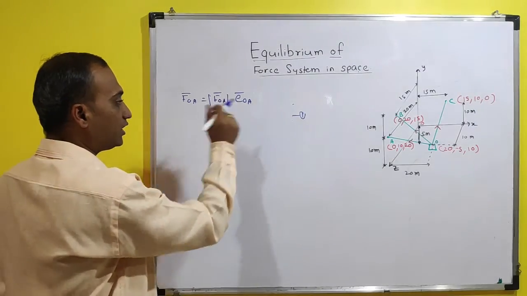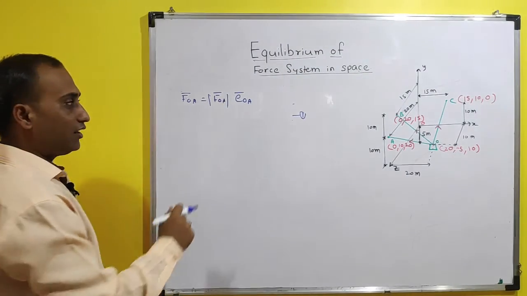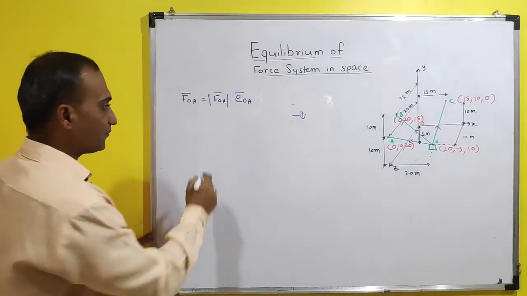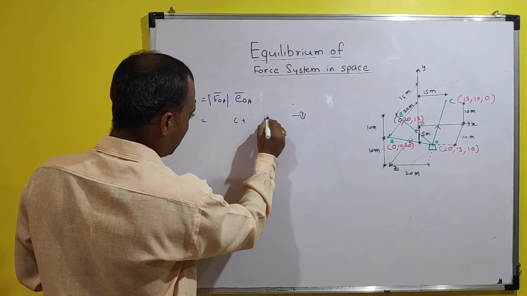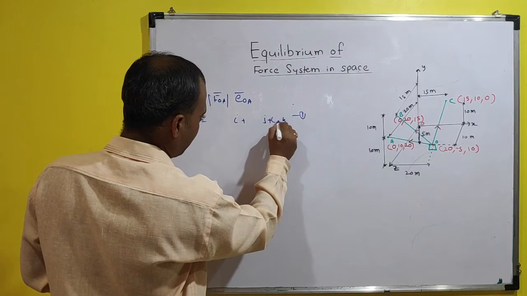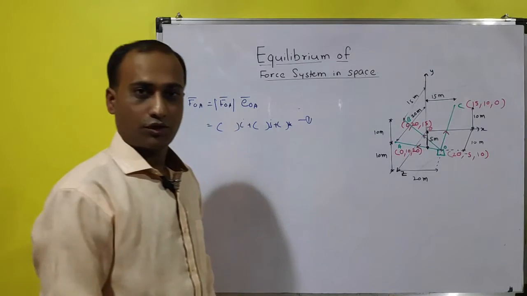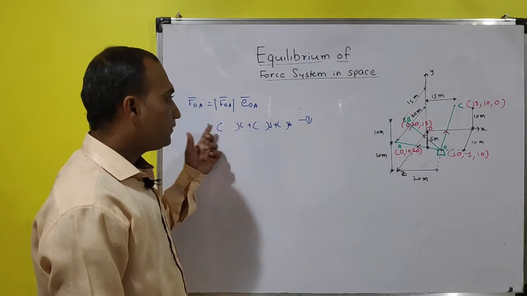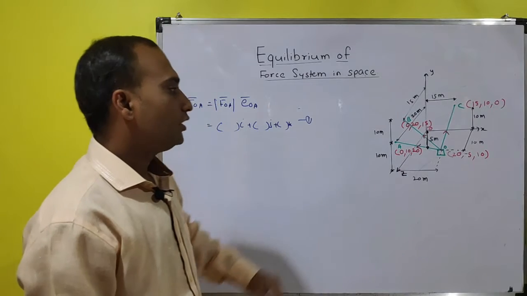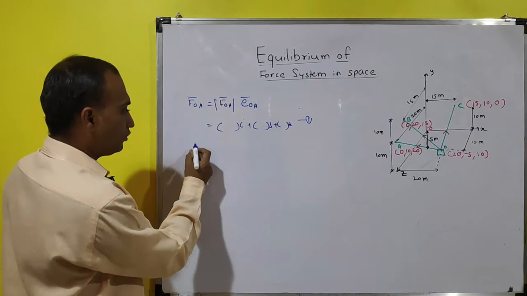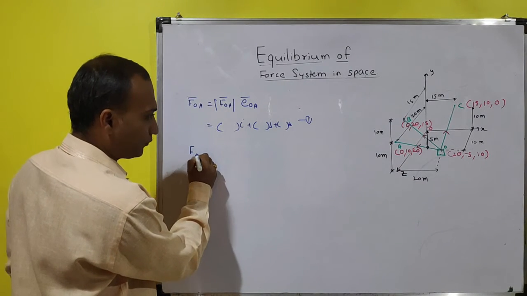Like this you can calculate the unit vector and write it in terms of I, J, K. After writing the first equation for the OA vector, we then have to write the force vector for OB.